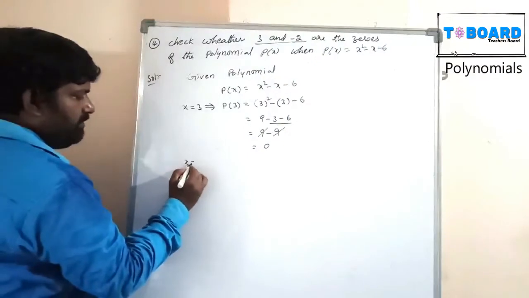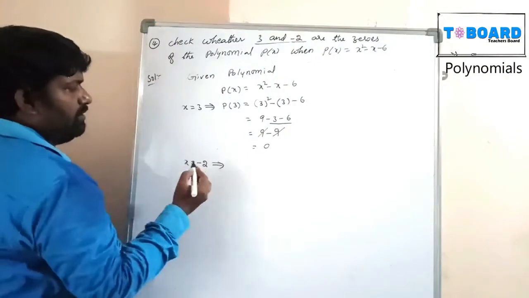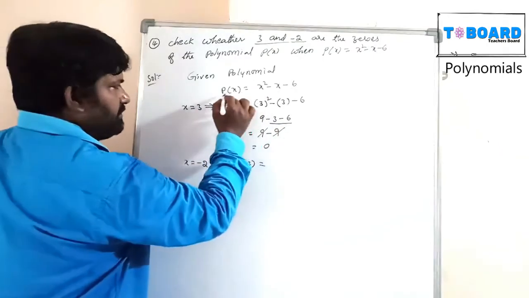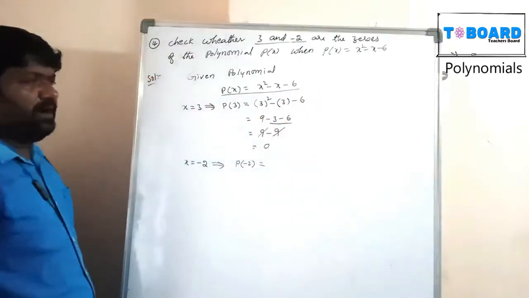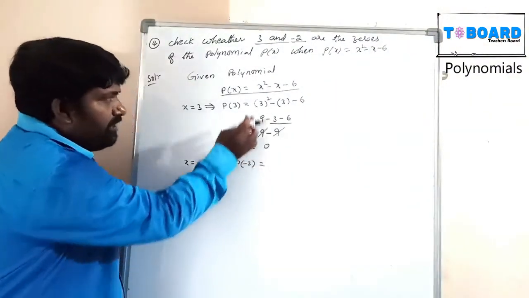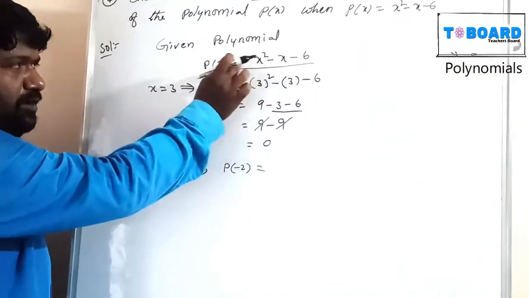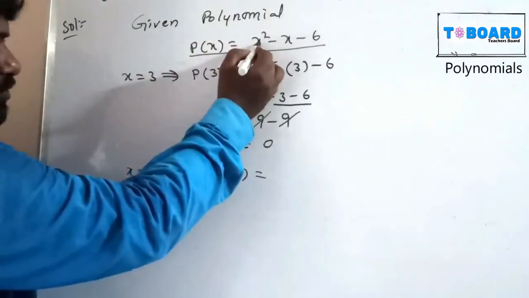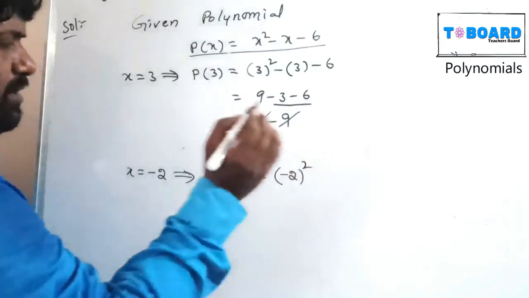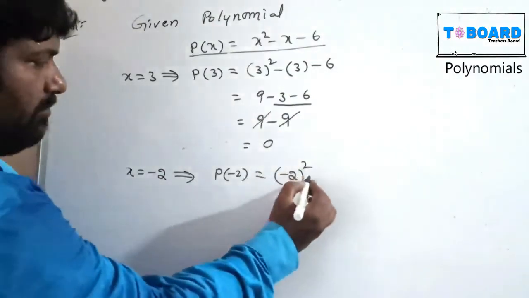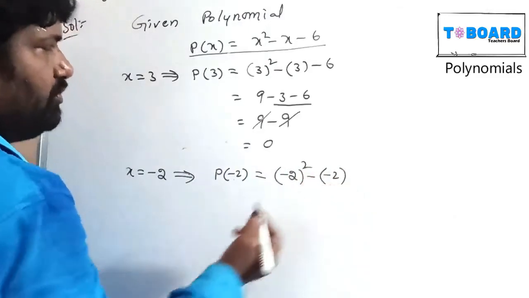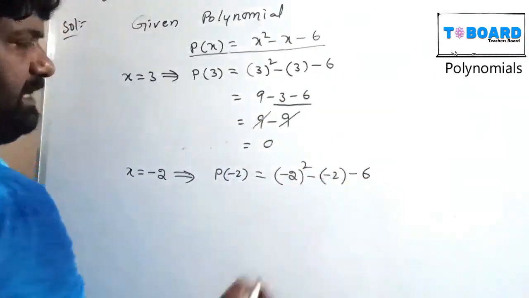If x equals minus 2, given polynomial p of x equals x square minus x minus 6. Substituting x equals minus 2 in polynomial p of x, minus 2 whole square, substitute with the bracket also, minus 2 whole square minus x, but x equals minus 2, minus 6.